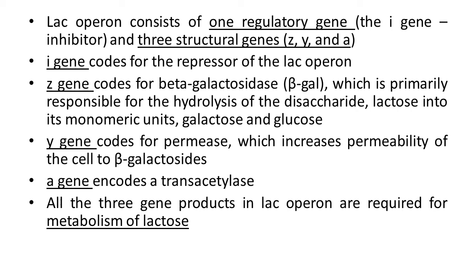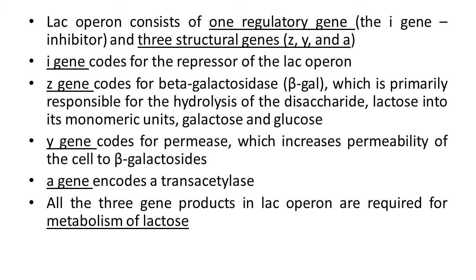The Z gene codes for beta galactosidase, that is beta gal, which is primarily responsible for the hydrolysis of the disaccharide lactose into its monosaccharide units, that is galactose and glucose. So this Z gene is responsible for hydrolysis of the disaccharide lactose.